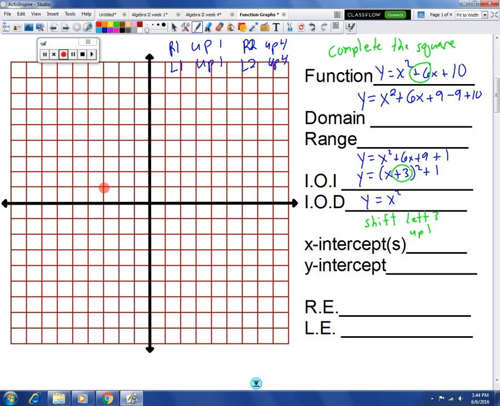So I can graph it very quickly. Symmetric. Right 3, up 9 will not fit. So here's my graph.